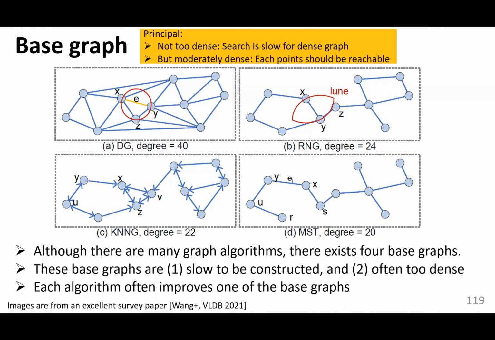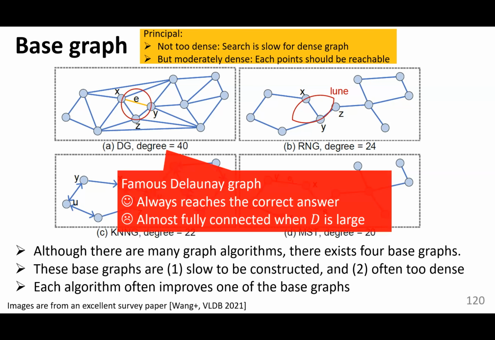This is again a question from the audience. If the graph is very sparse and an item is isolated from the main graph, then we cannot reach it, right? So that's not good. Okay, the first one is the Delaunay graph. This is the famous Delaunay graph. There are some theoretical results here. We can always reach the correct answer, but it's almost fully connected when D is large. So it's a kind of problem.